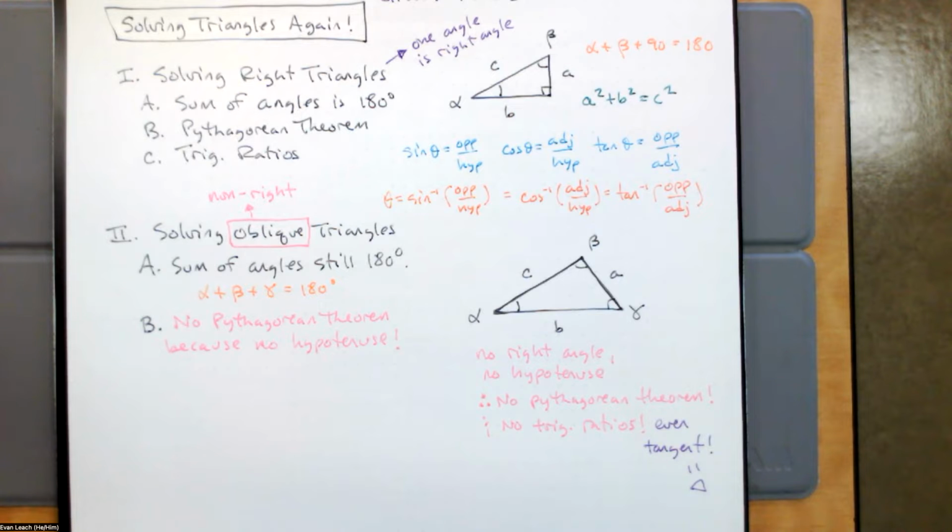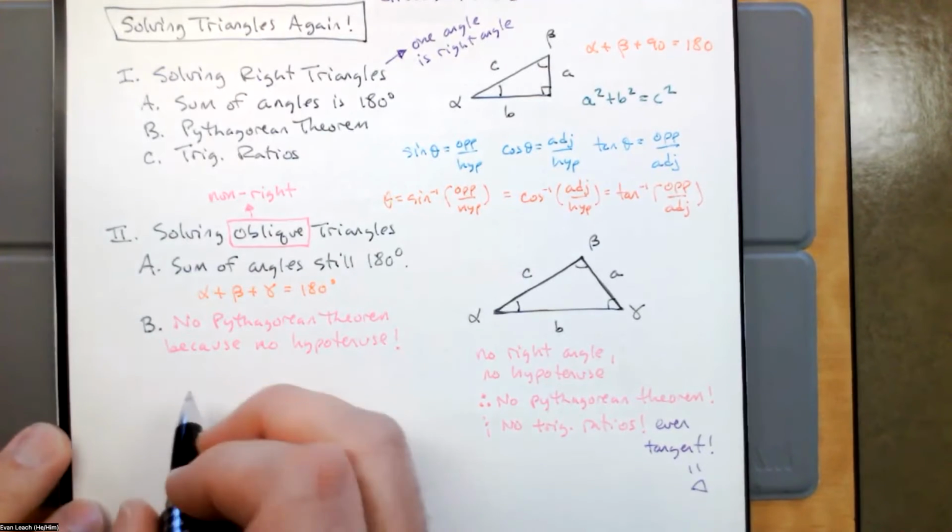Here's our replacement for the Pythagorean theorem. It's called the Law of Cosines.